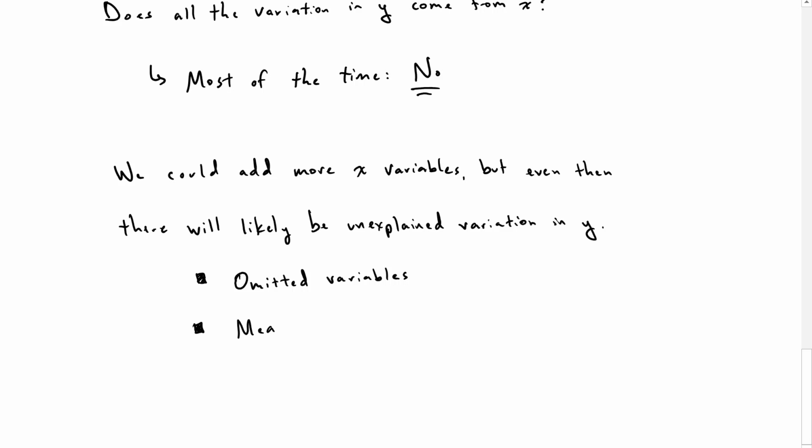Why else might the variation in our outcome be different than expected? It could just be due to measurement error. So if I ask somebody, what's your health, 1 through 10, there's going to be a lot of differences in the way people answer that question, especially as subjective as it is.